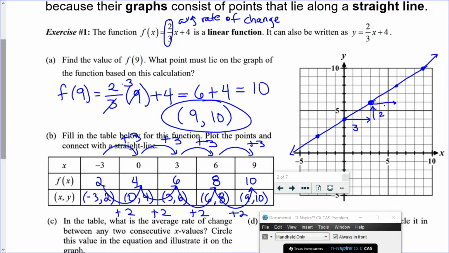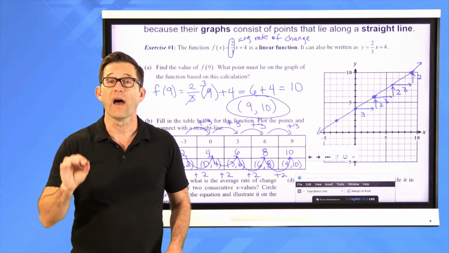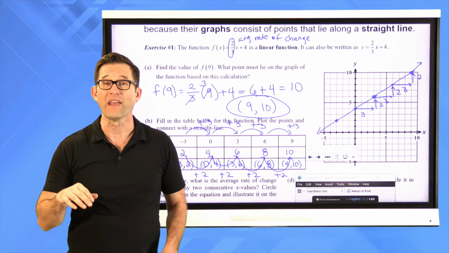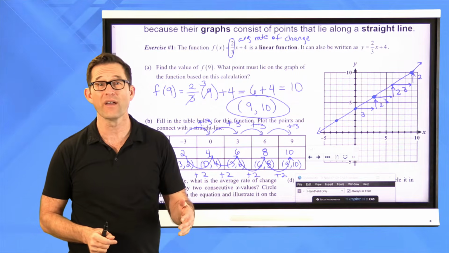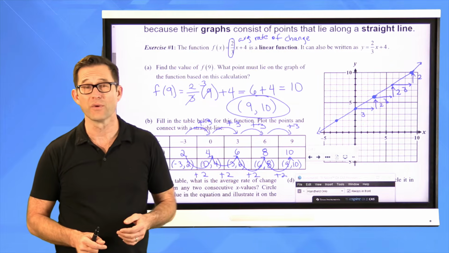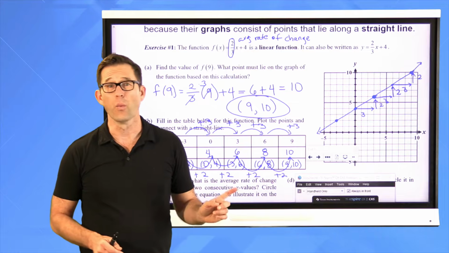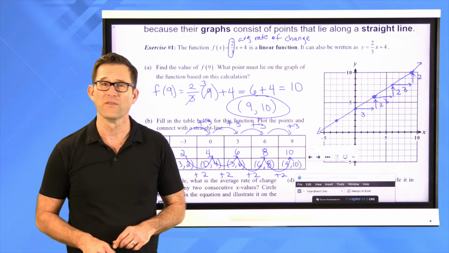And that is really what makes a linear function: the rate of change is no longer really an average rate of change, but it is always, for every 3 units to the right, I go 2 units up. You could think of it as for every 1 unit to the right, I go 2/3 unit up, but that would be a little bit confusing.